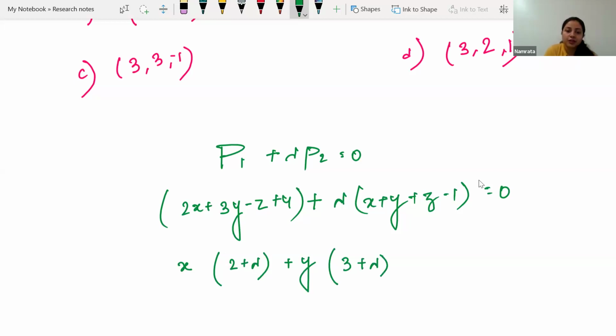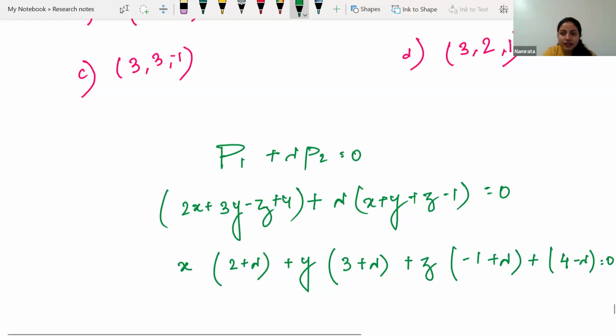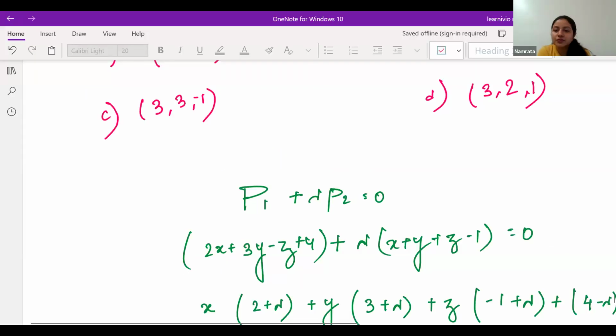From the z coefficient, if we take, it will be -1 and from here it is just plus lambda, and the constant will be 4 minus lambda. Is it clear so far to everyone? Okay. Now let's see what the question says.